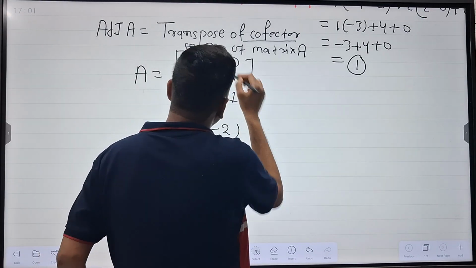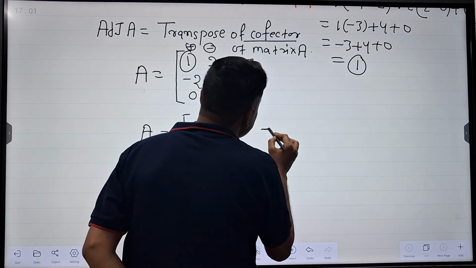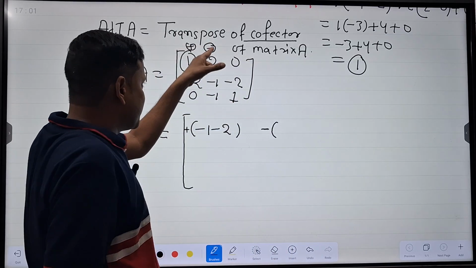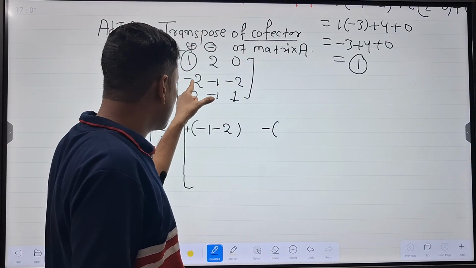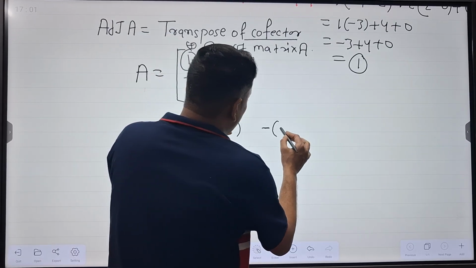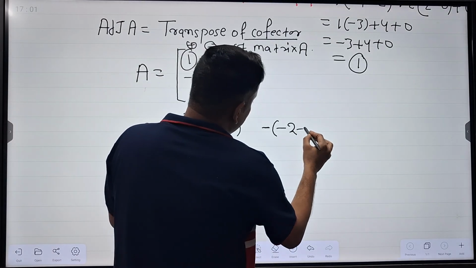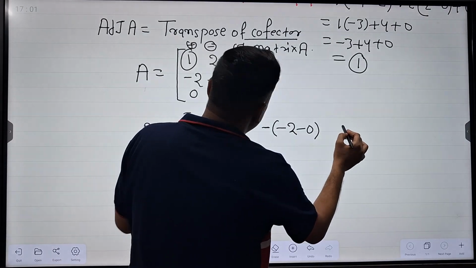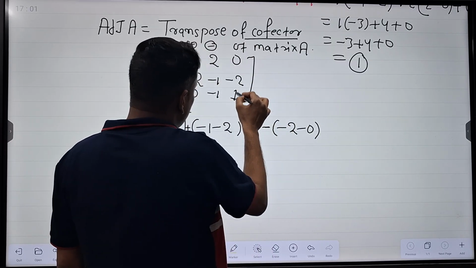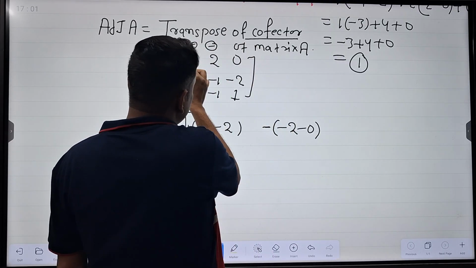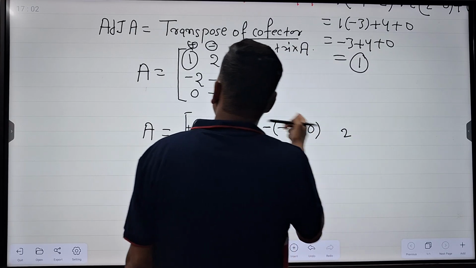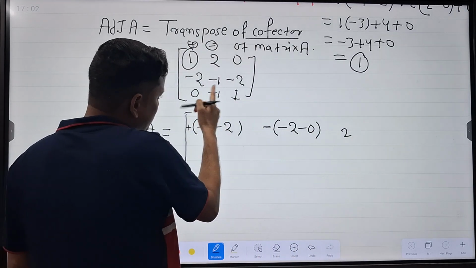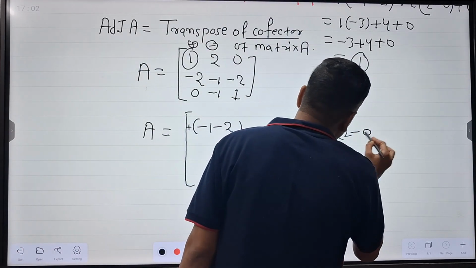So minus 2 into 1 minus 2 and minus 0. And for this element, this row and this column will cancel: minus 2 into minus 1, 2 minus 0.